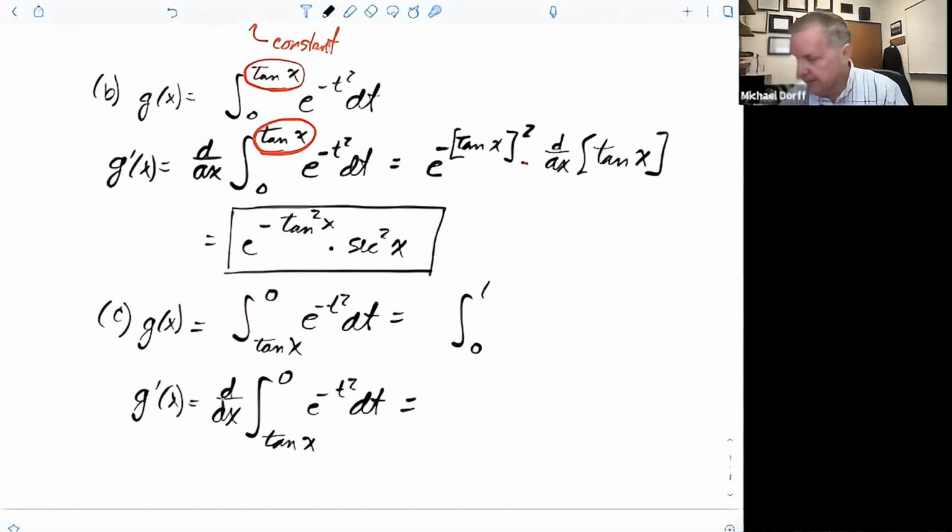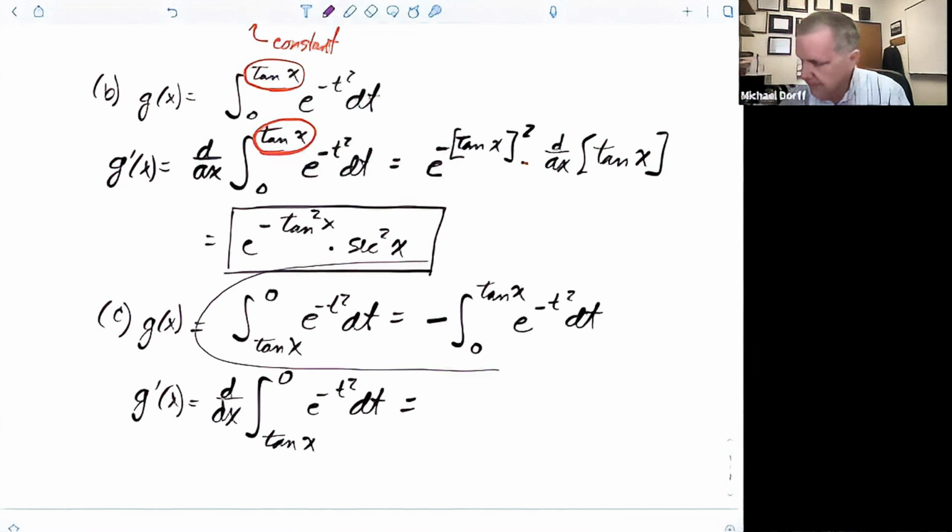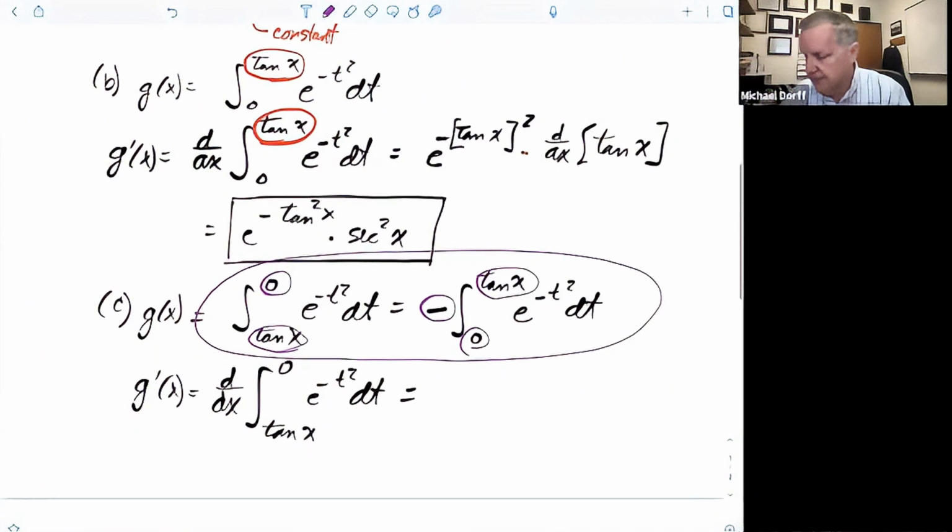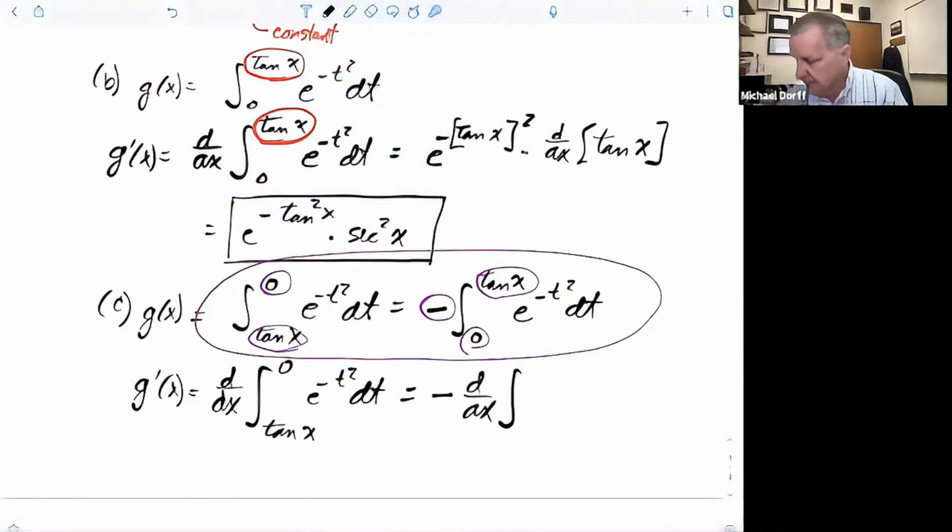I can put 0 on the bottom and tan x on the top if I put a negative out front. Notice this relationship here. If I switch the tan and the 0 here, I have to put a negative out front. So applying that to taking the derivative here, I'm going to have a negative of the derivative of the integral from 0 to tan x of e to the negative t squared dt.